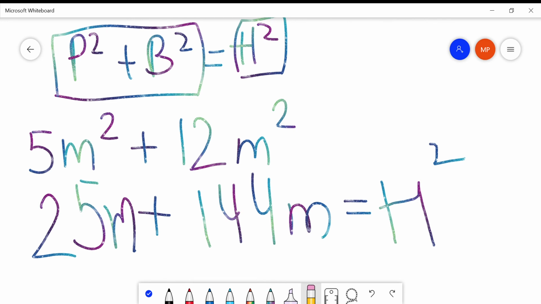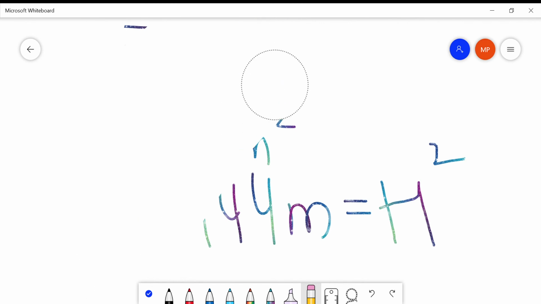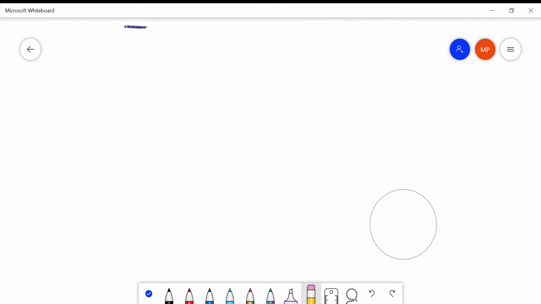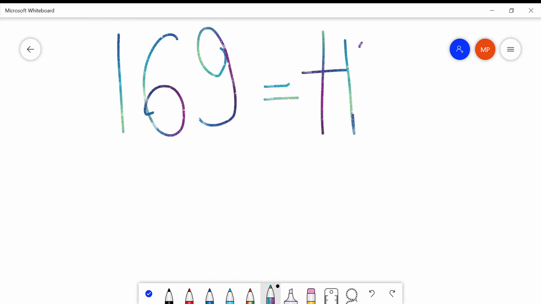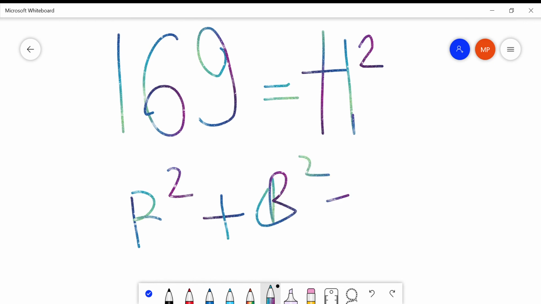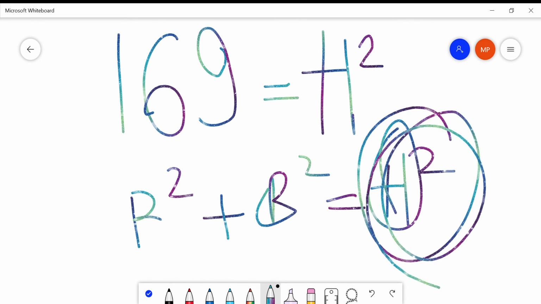If you don't know what I mean, let's do 25 plus 144, which is 169. So this is the length of hypotenuse squared, because perpendicular squared plus base squared equals hypotenuse squared. It does not give the original hypotenuse, it gives hypotenuse squared.